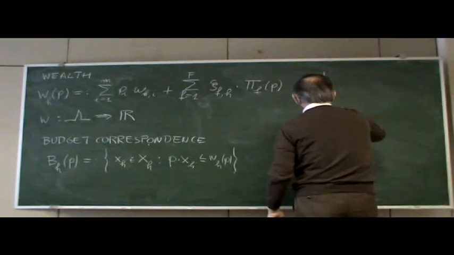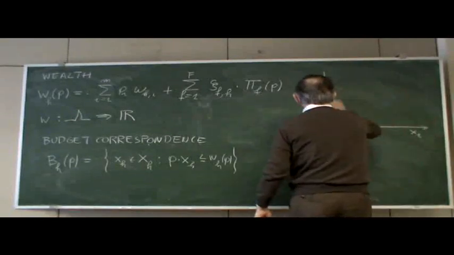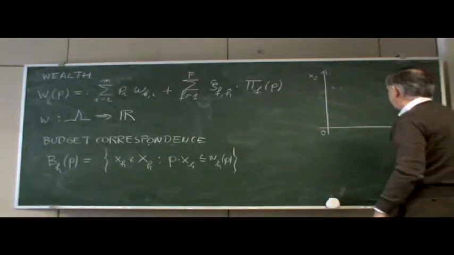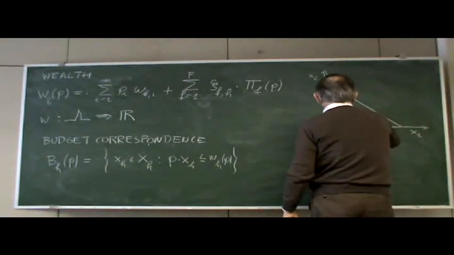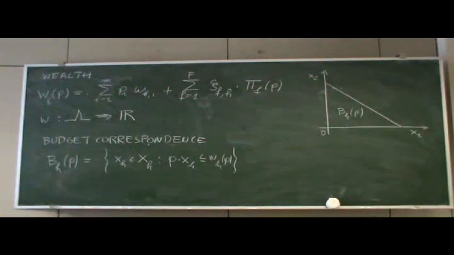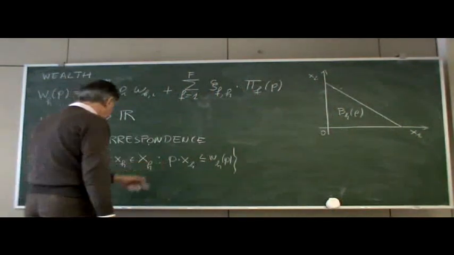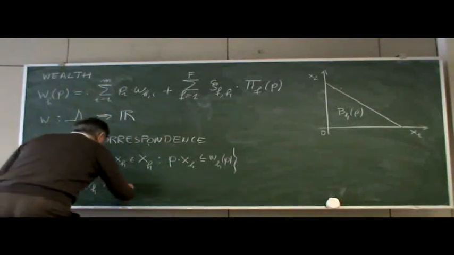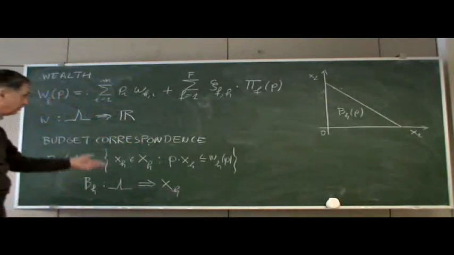For example, if the consumption set is equal to the non-negative orthant and all prices are positive, you obtain this budget constraint. The budget correspondence associates with every P this set. So the budget correspondence is defined in lambda and takes values in XH, in the consumption set.